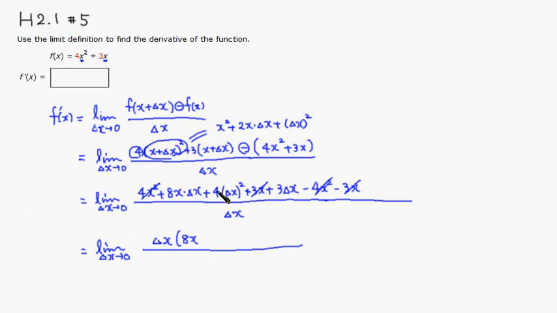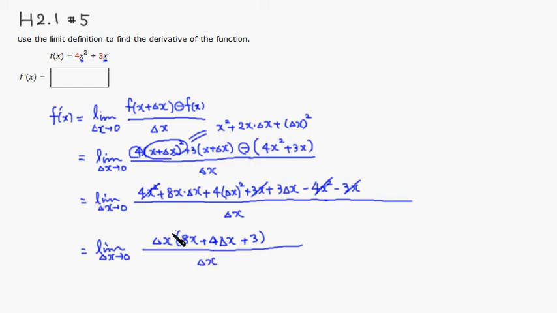If you take out one of the delta x, you're going to have plus 4 delta x. And the third term is 3 delta x. So you're just going to have 3 because delta x is factored out. Then you still have delta x on the bottom.